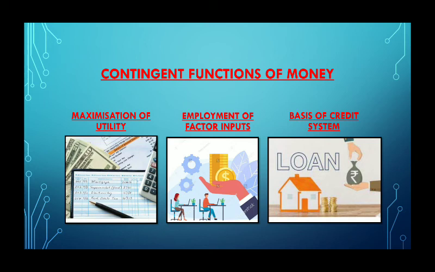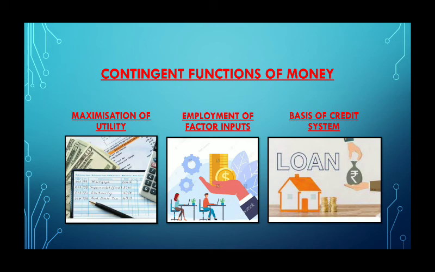Budget is in terms of money, prices are in terms of money, so money in hand, income is in terms of money. Everything helps the consumer to decide what to purchase and in how much quantity.